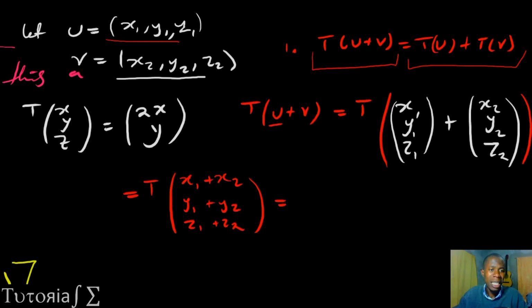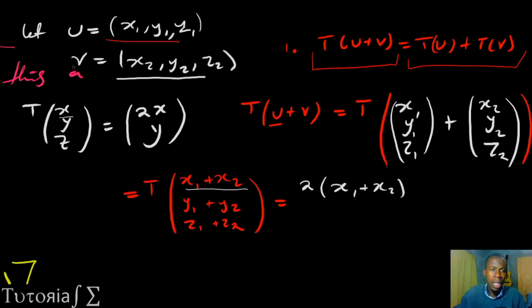The definition is saying if you have x, y, and z, so this whole thing is representing x, this whole thing is representing y, and this whole thing is representing z, when it is transformed, you just get 2 times the x part. The x part is the first part, so this is 2 times x1 plus x2.